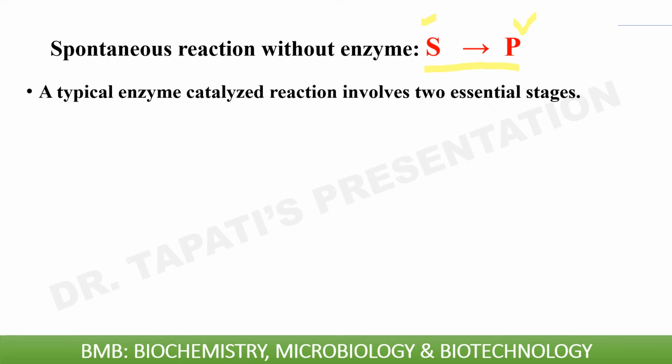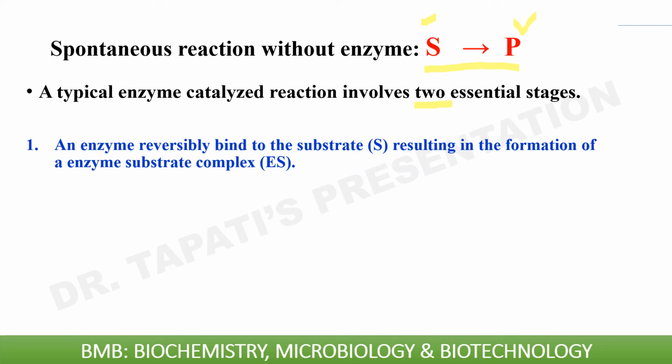A typical enzyme catalyzed reaction involves two essential stages. The first stage is that an enzyme reversibly binds to the substrate, resulting in the formation of an enzyme-substrate complex. If E is the enzyme and the substrate is S, then the enzyme-substrate complex is ES.